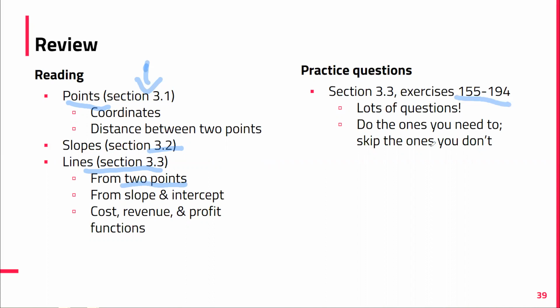Our textbook is very good with the review questions in that it splits them up by section and by particular skill. So here's one very specific skill, and here's 20 questions to practice it. Here's the next very specific skill and a whole bunch of questions. So you can easily find, this is easy for me, I'll skip those.